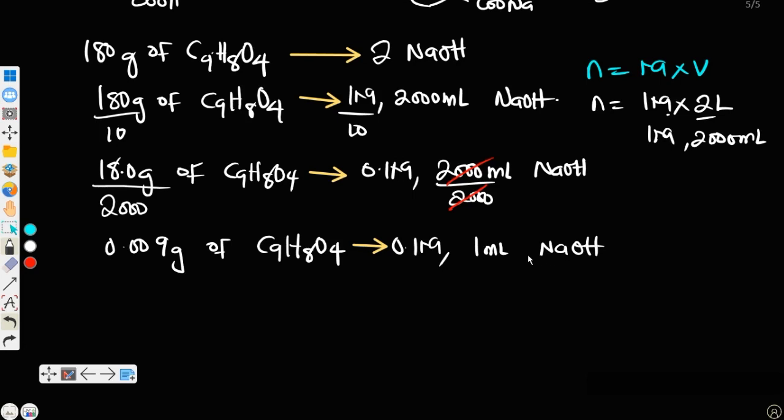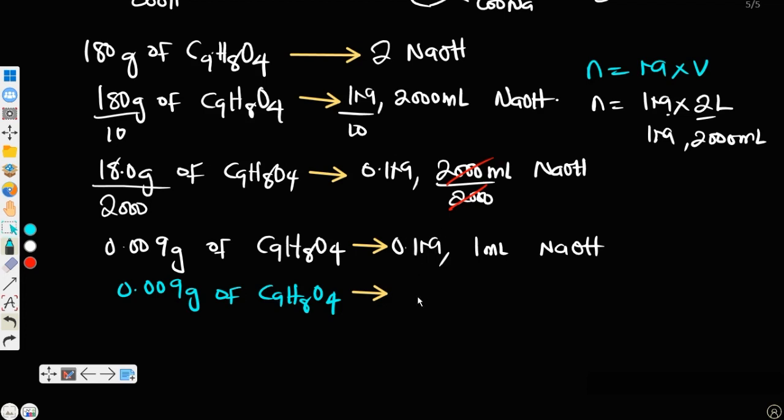Now, what does this mean? This means that for every 1 ml of sodium hydroxide, you have 0.009 gram of the standard. So 0.009 gram of C9H8O4 is present in 1 ml of 0.1 molar sodium hydroxide.